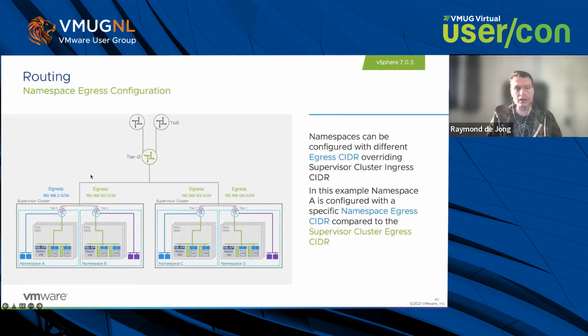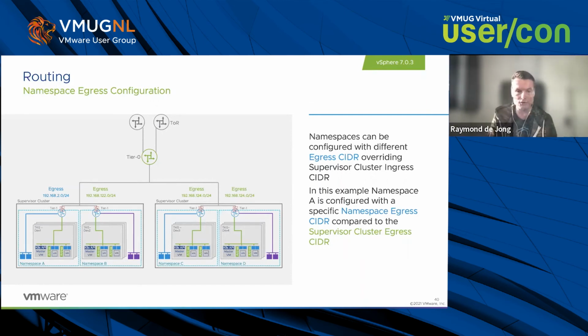This is also the case for egress. So there might be a requirement that you have resources on your network which are required to be accessed from a given namespace, but you have separation of zones and you want to make sure that only specific IPs are able to reach those resources.